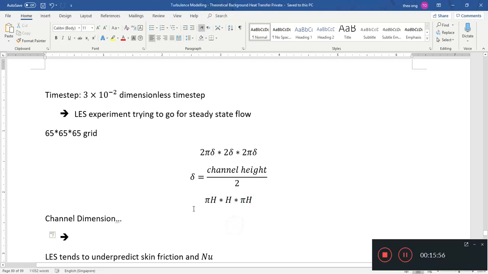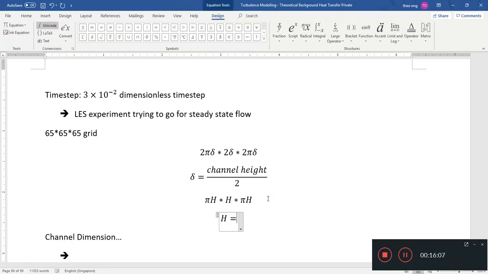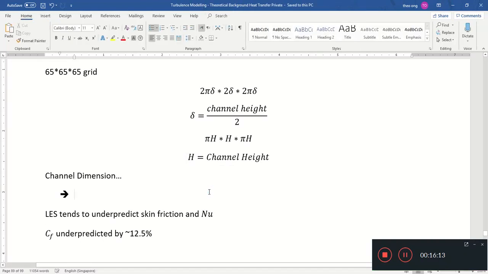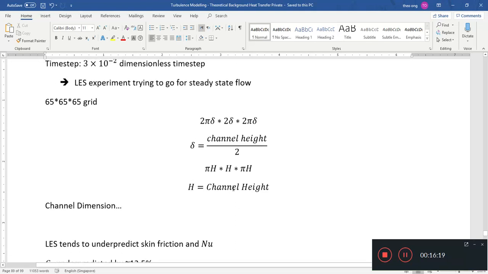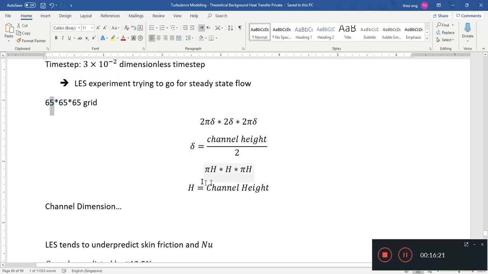So this is how fine your grid is. If h is the channel height, this gives you an estimate of how fine your LES simulation ought to be. It's about this kind of distance.